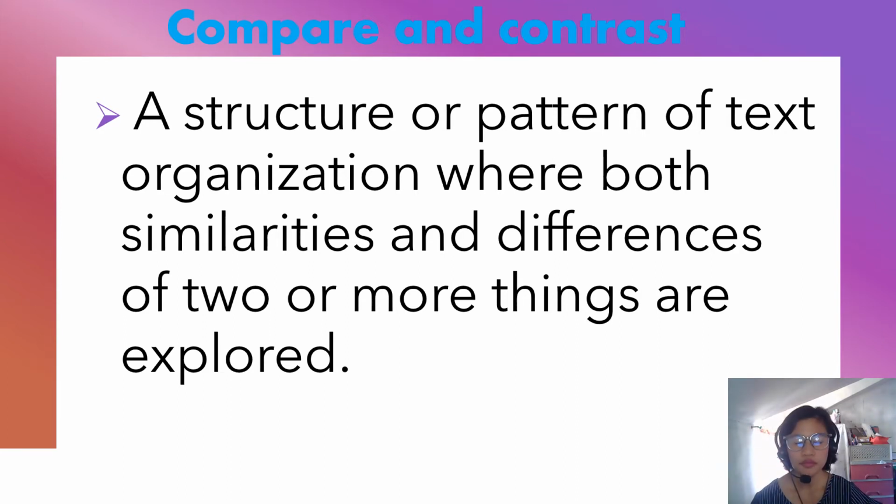If the text only discusses similarities, it is just comparing. And if the text discusses only the ways that the things are different, it is only contrasting. So the text must do both for it to be considered a compare and contrast text structure.